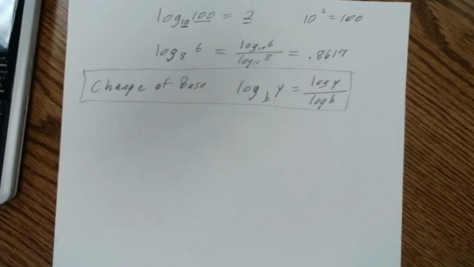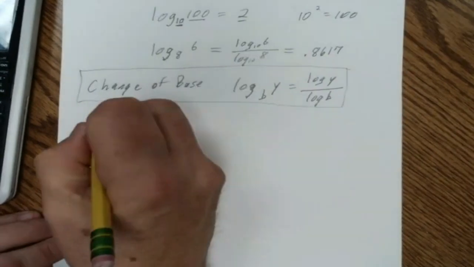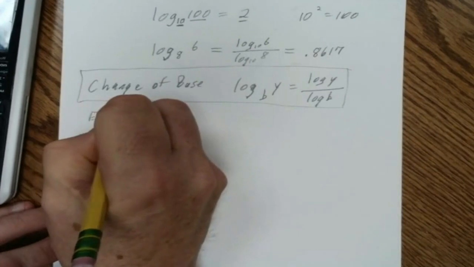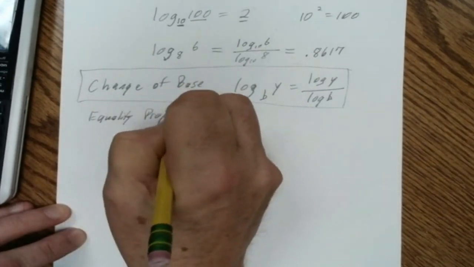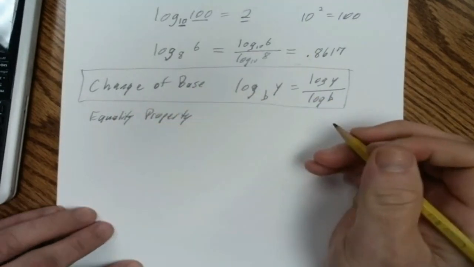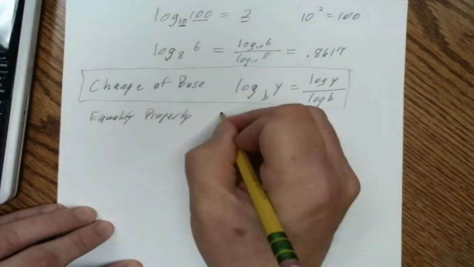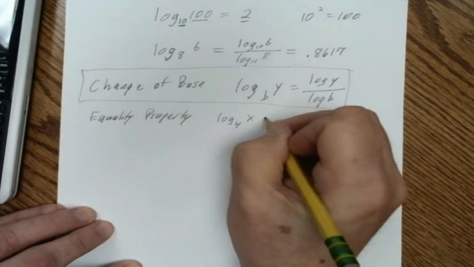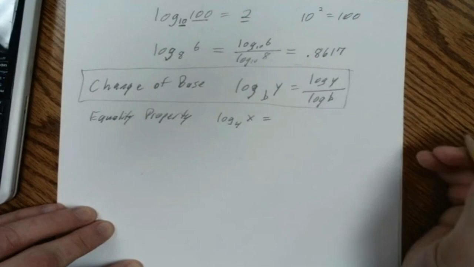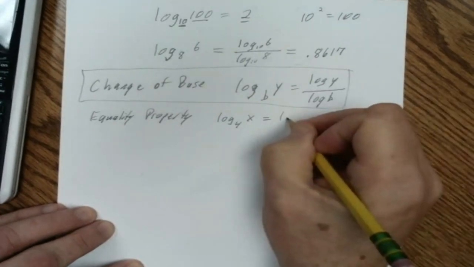Let's talk about the equality property of logs. Basically, that says if we have log 4 of x, which we don't know what that is necessarily because x could be any number, right?